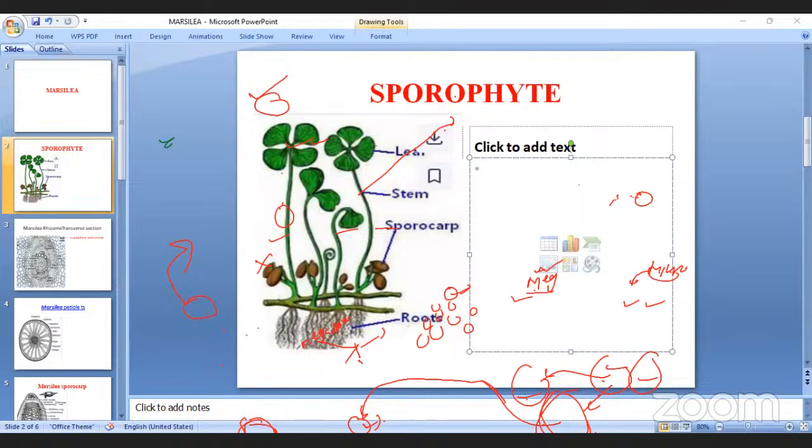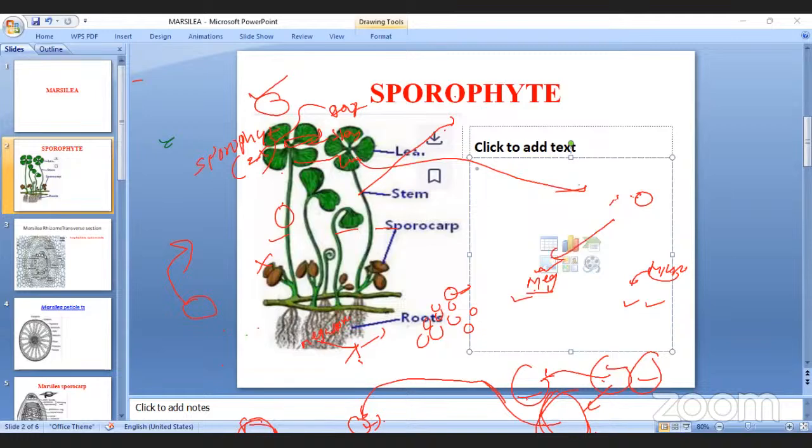Any doubt in this? Anybody there? Please draw this life cycle. It is very, very important. Even if you just write the names also. For example, this is the sporophyte. I already told you, and I will explain again in the next batch also. Diploid sporophyte, root, I will do, don't worry. Again explain root to stem, leaf, and the sporocarp like this.